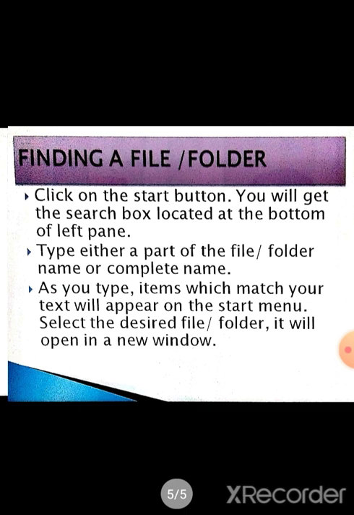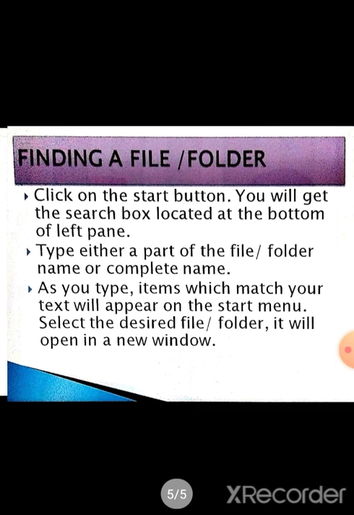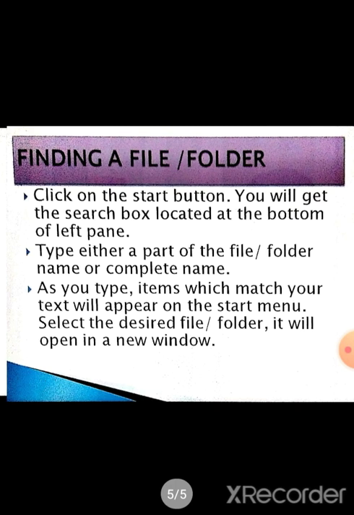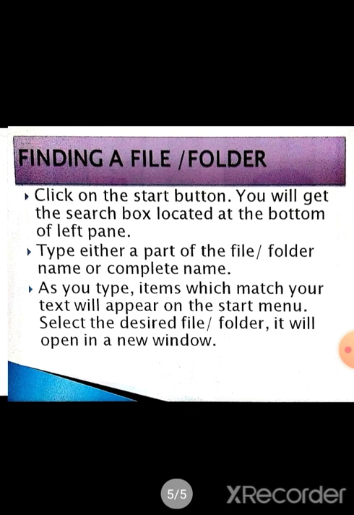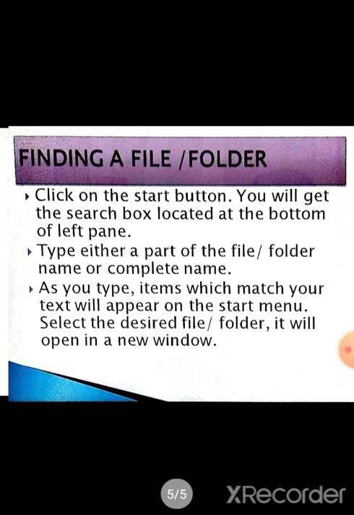With the help of that clue, your computer system searches the file and you get that file on the desktop. So this is the easiest way to find any file or folder.